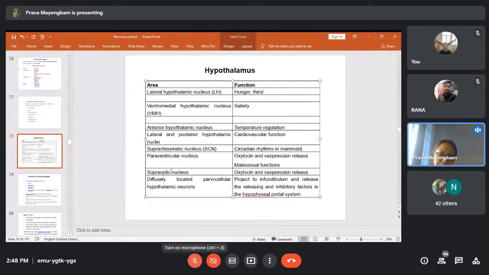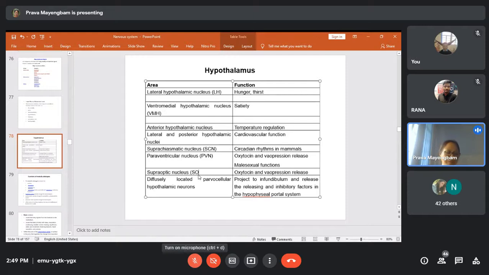Another is the paraventricular nucleus. This is associated with oxytocin and vasopressin release, and also male sexual functions. They are controlled by the paraventricular nucleus. It is in short written as PVN. And supraoptic nucleus, that is SON.